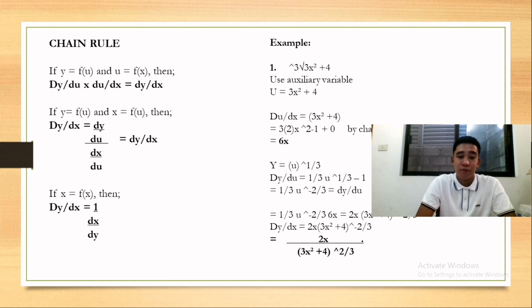Tapos ayusin natin para sa final answer. So ang final answer ay magiging 2x over 3x squared plus 4 raised to 2/3. Kaya positive na yung 2/3 kasi binring down natin ginawang denominator. Kaya di na siya negative.